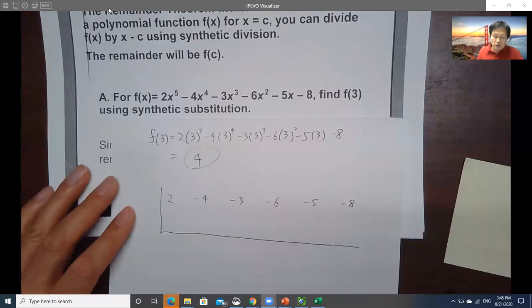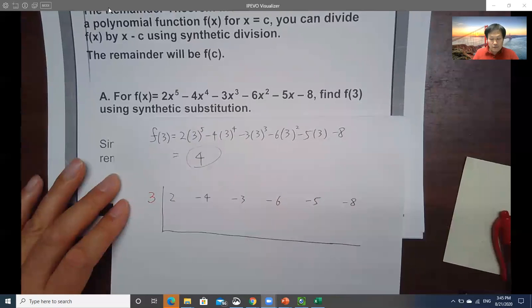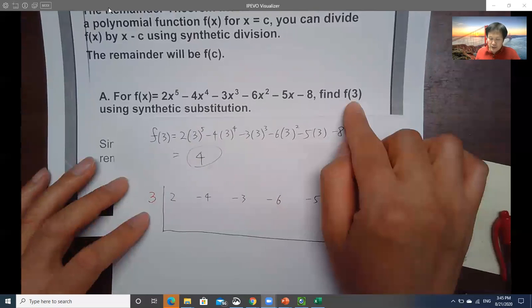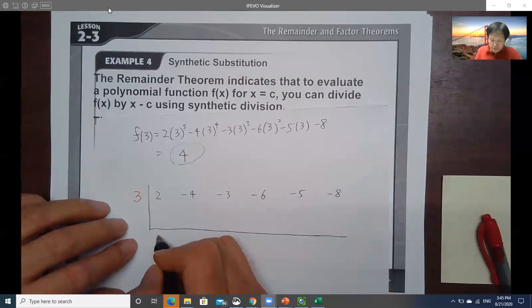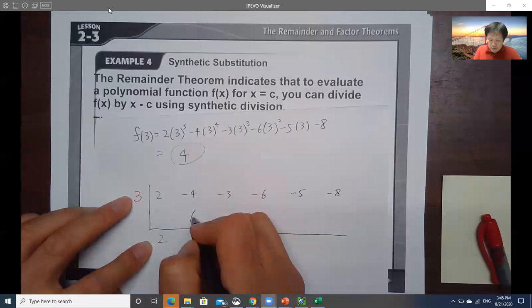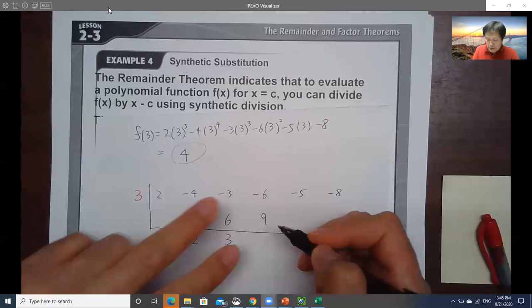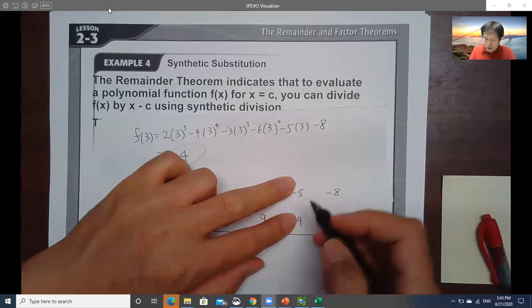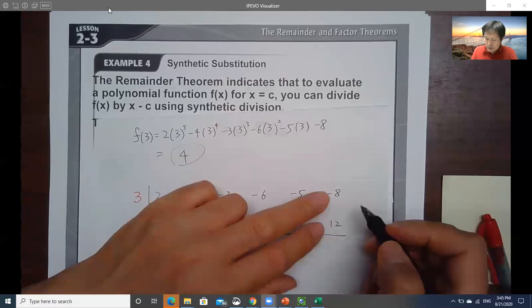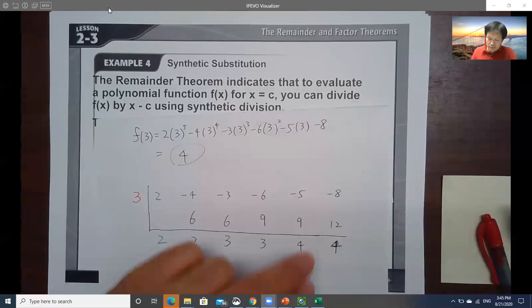You might say, what do I do then? Just use 3. Okay, be careful. x is 3, just use 3 as it is, and all you have to do is synthetic division. Add, multiply, add, multiply, add, multiply, add, multiply, add, multiply, add, and that's the answer.